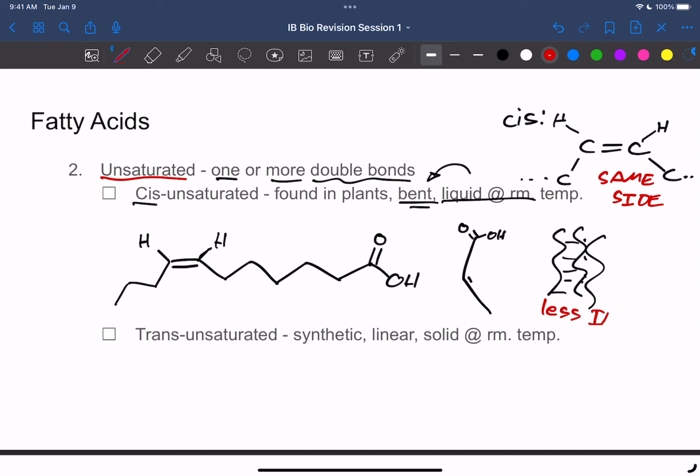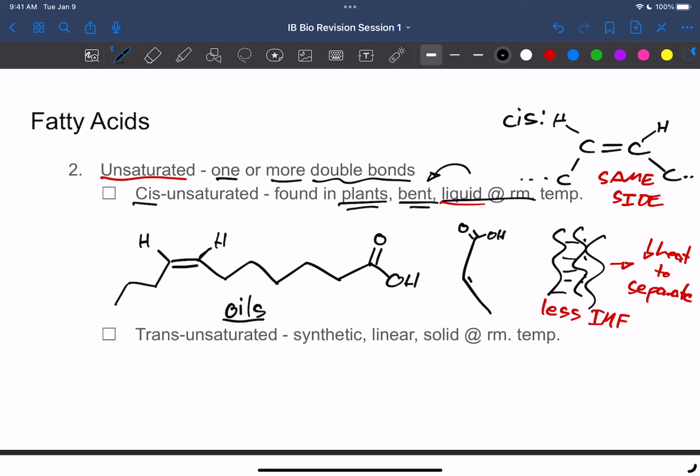So we have fewer intermolecular forces, which means it takes less heat to separate. So these are going to be liquid at room temperature. Now, these are found in plants. This is the fat storage in plants, and this is found in oils. Oils are liquid.